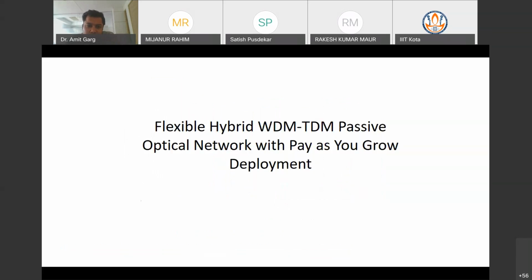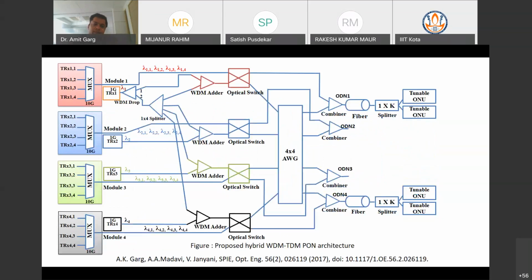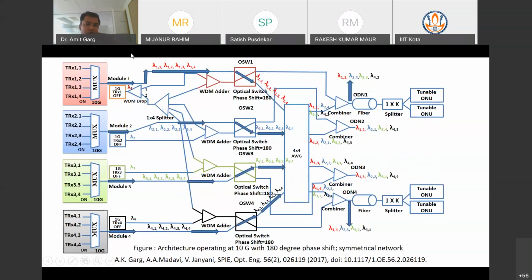So now it is another architecture, that is the flexible hybrid WDM-TDM PON with pay-as-you-grow deployment. So basically, what is happening in this architecture? Let me just give you some idea. We have some network, and the number of users in the network initially is very small.